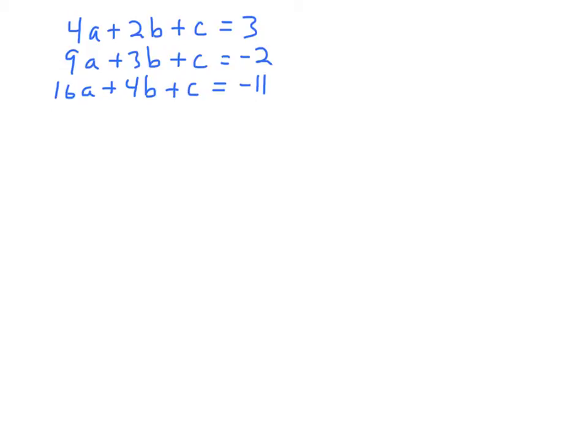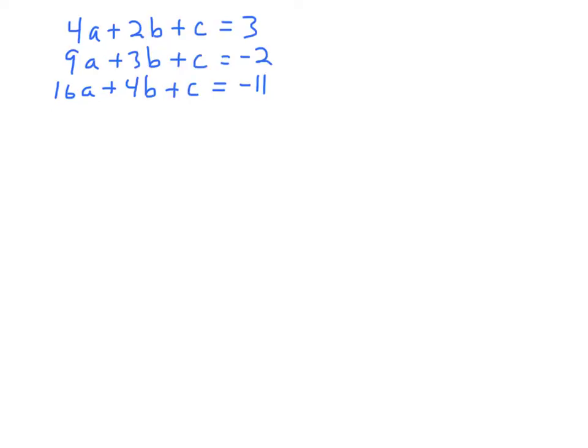Now notice that they all end with plus c in all three equations. And that's always going to happen here because that's just the way it works out when you do this kind of a problem. That makes it easy to eliminate the c because all you have to do is multiply one equation by -1 and they're going to be opposites.